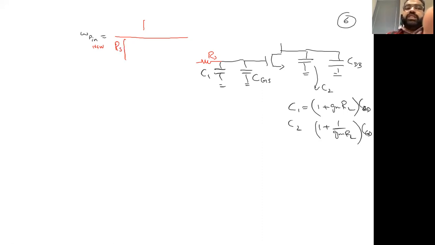So C in जो आपके पास था, यहाँ से CGS था, CGS will be half now, times 1 plus gm RL, gain भी half हो गया, तो gm by 2 RL times C, ये क्या था आपके पास, C1 का CJD था, CJD.